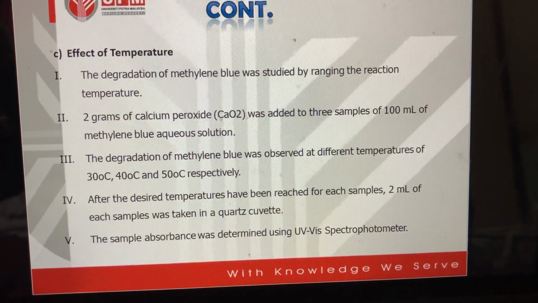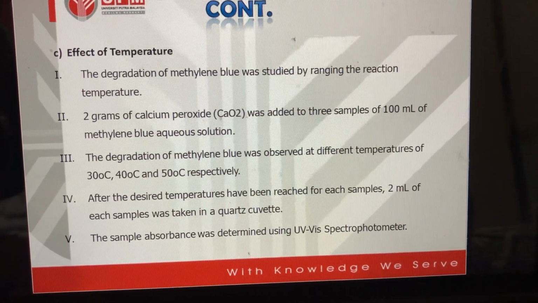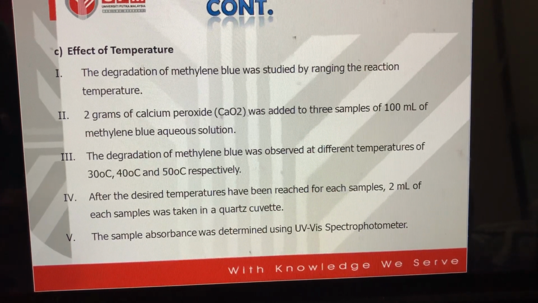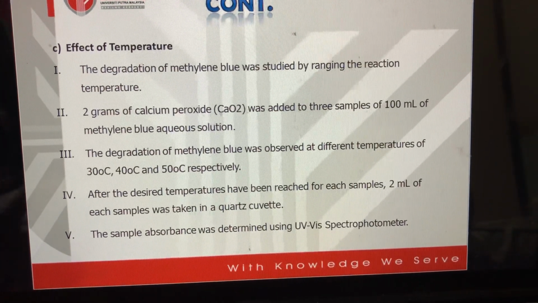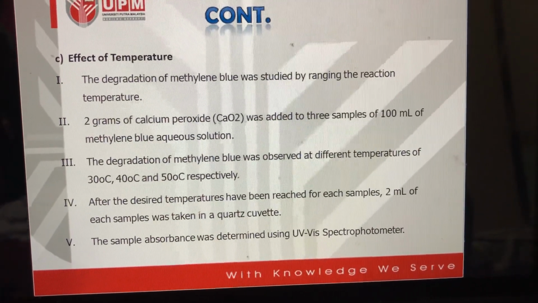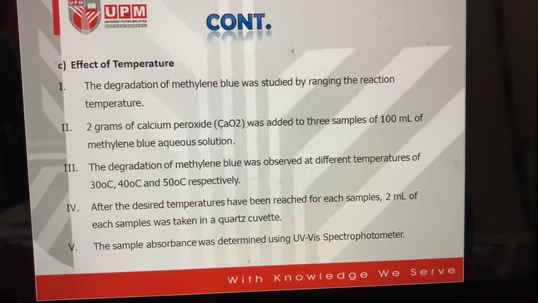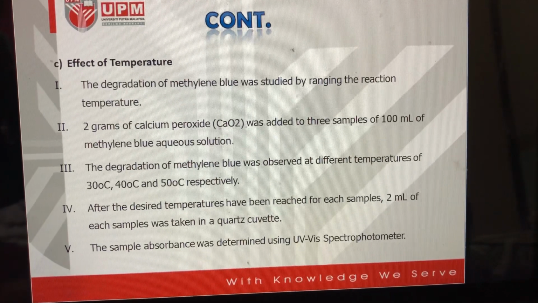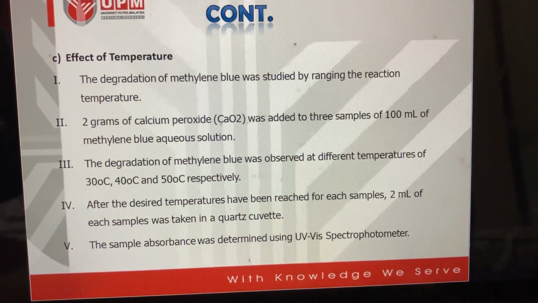After the desired temperature had been reached for each sample, 2 ml of each sample was taken into a cuvette, and the sample absorbance was determined using the spectrophotometer. We studied these various parameters in order to find the optimum condition for the degradation of methylene blue using calcium peroxide.